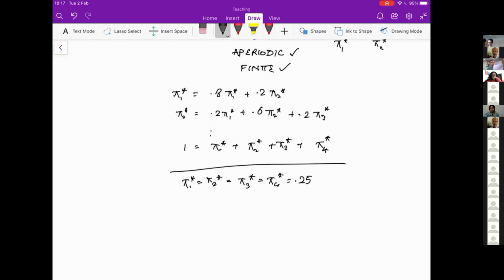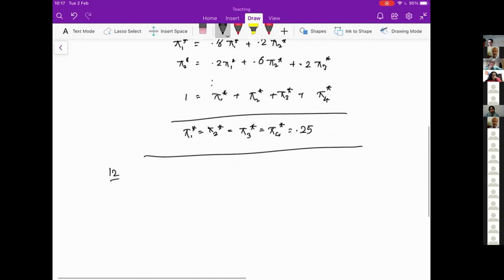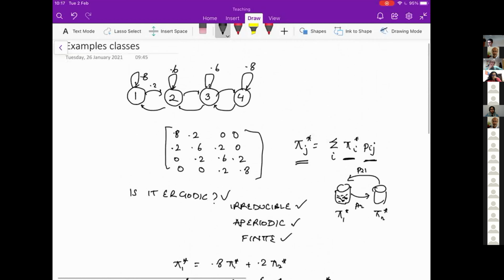Okay. All right. So the next question is about residence times. That's question 12, residence times. It says, what are the residence times? So here's the chain again, and of course the residence time in state j is given by 1 over 1 minus P_jj. That's the self loop.